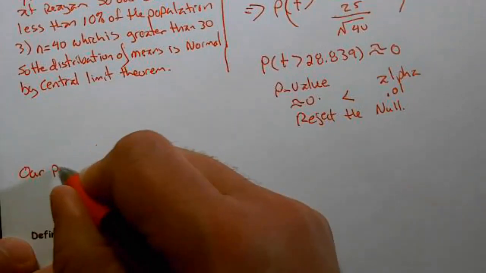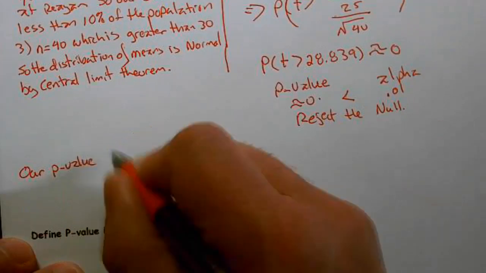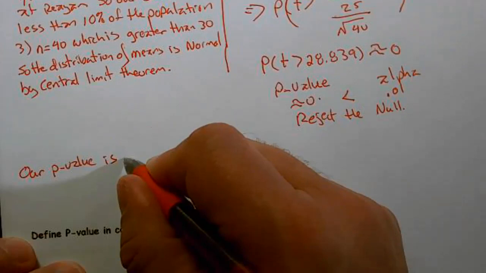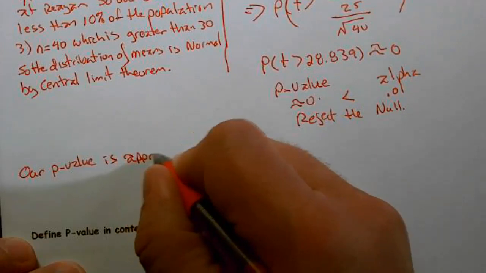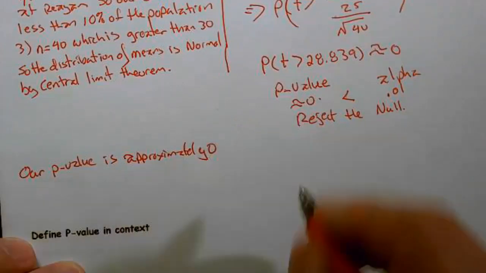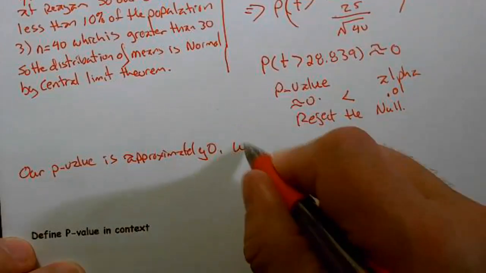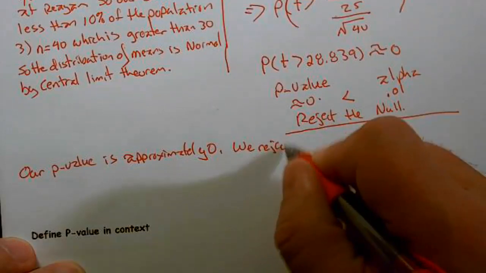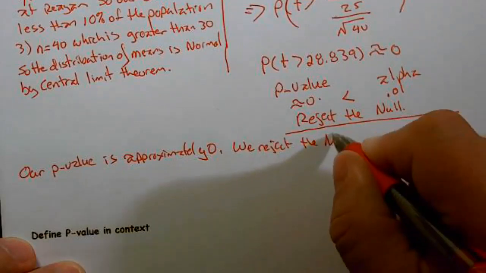Our p-value is approximately 0. We reject the null.